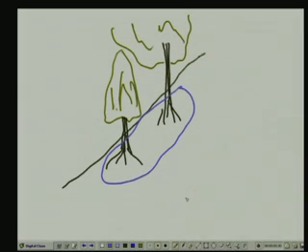As a result, the shear strength because of the binding power of the roots is approximated and given the term root cohesion.